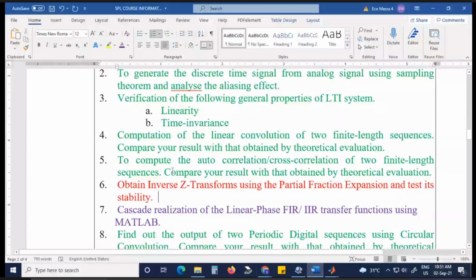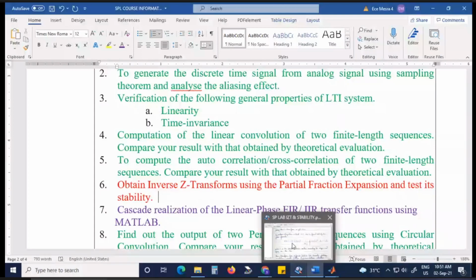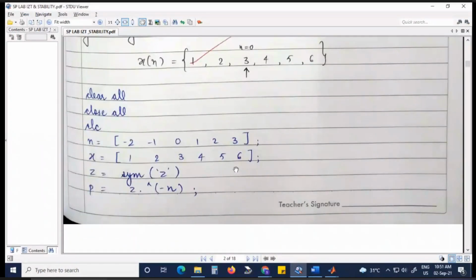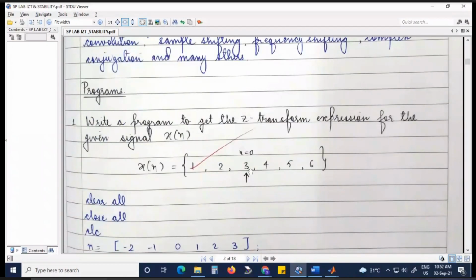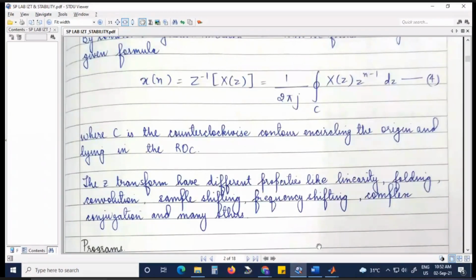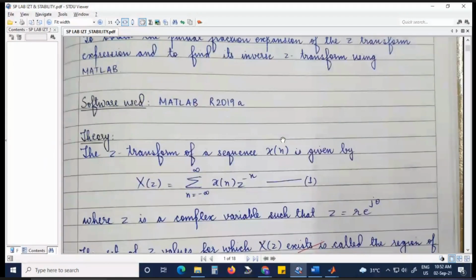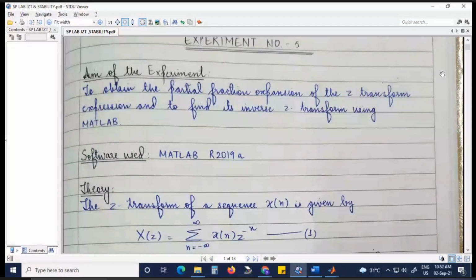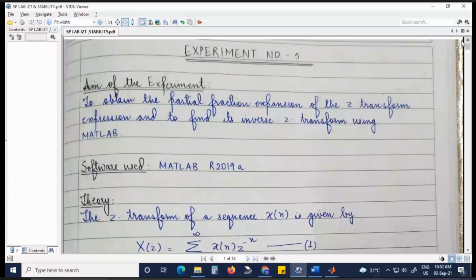Okay. The program is: obtain the inverse Z transform using the partial fraction expansion and test its stability. Okay. So first, is it visible, the handwritten manual that I am showing? Yes. Okay.